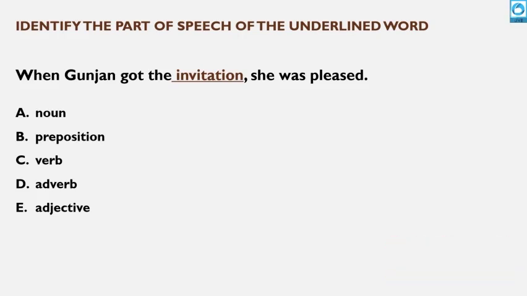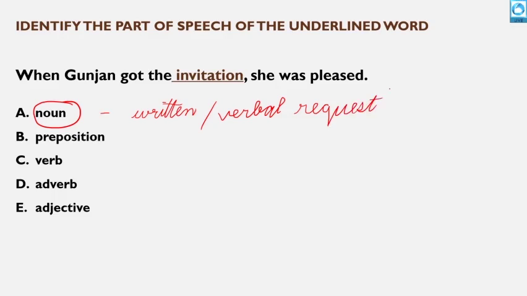Invite we use as a verb, but here invitation is a noun, again a simple one, because it is a written or verbal request. So she got a written or verbal request inviting somebody, calling somebody to a particular function. So invitation is a noun.